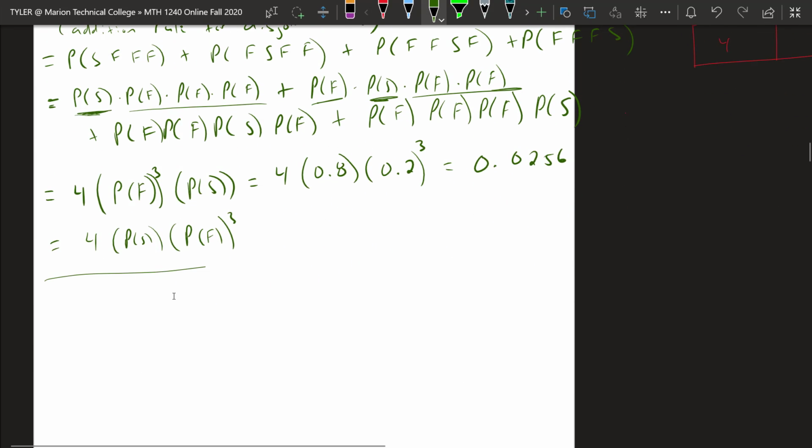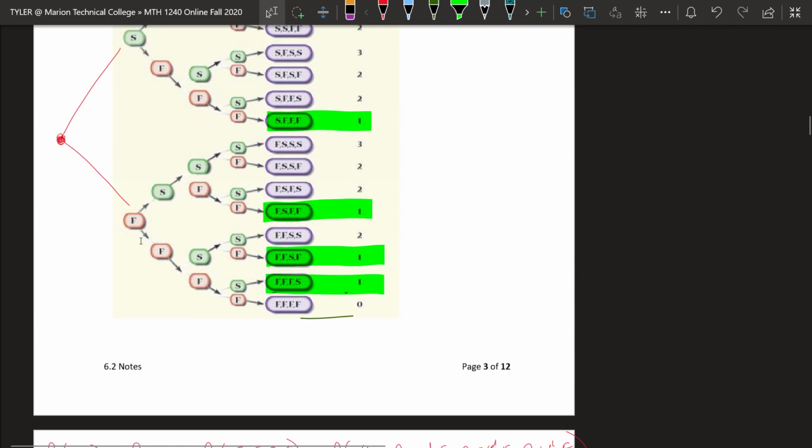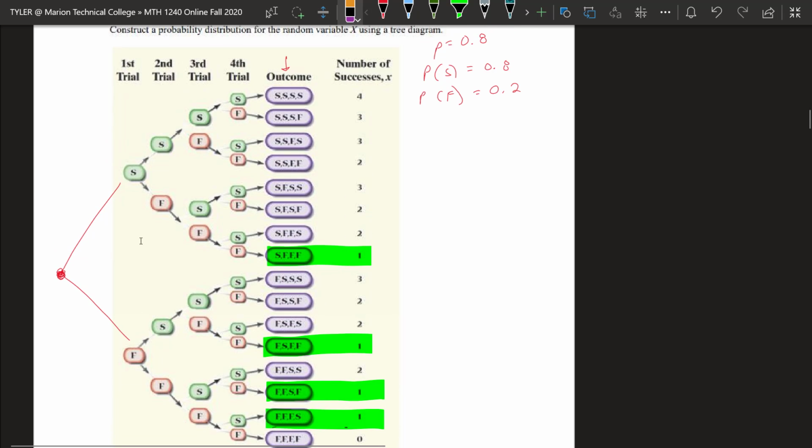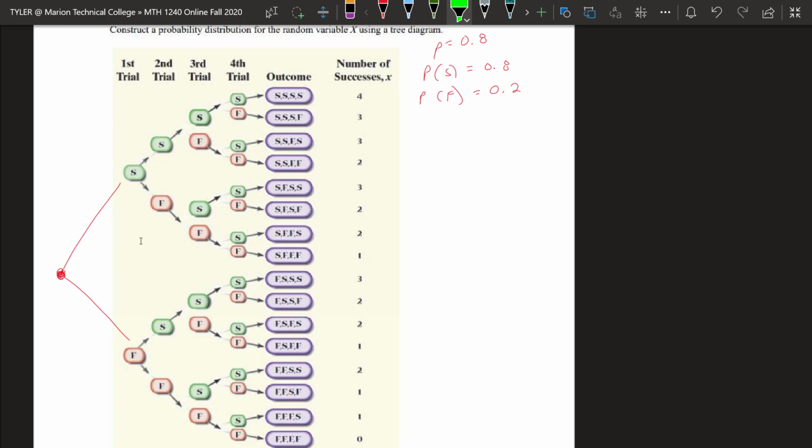So then next, we could calculate, what's the probability of x equaling 2? Right, so we want x equals 2.